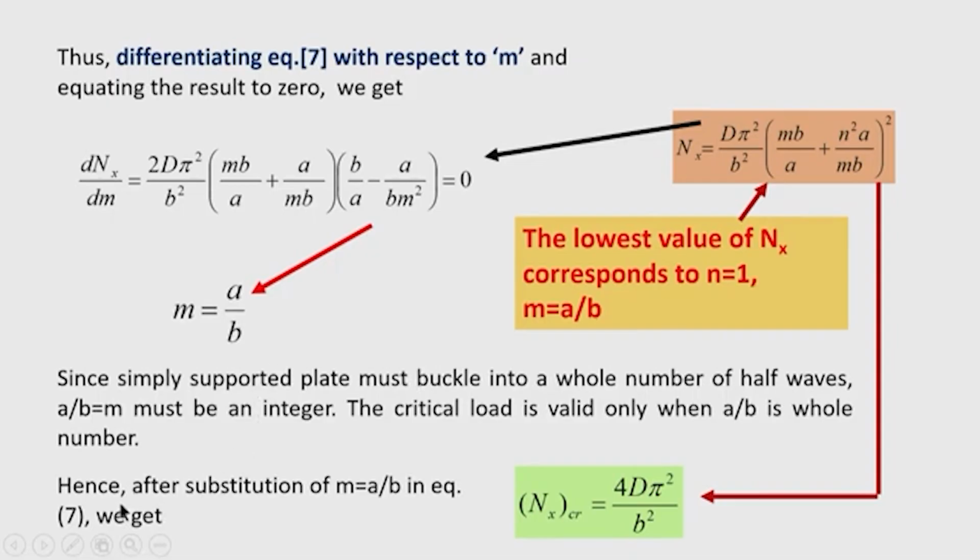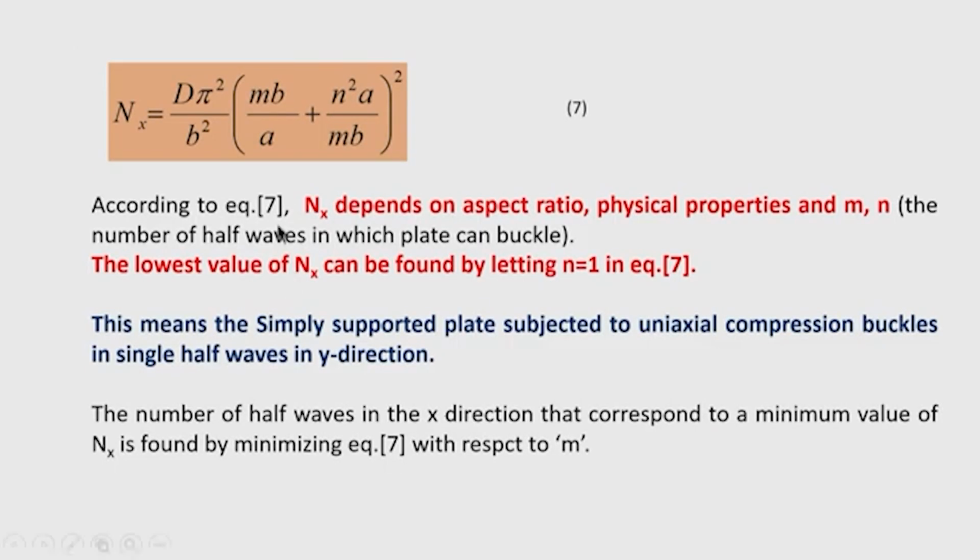So, what we get after substitution, m is equal to a by b. Suppose m is equal to a by b is the number of half waves required for buckling, then you can substitute m is equal to a by b here and n is equal to 1. If you substitute m is equal to a by b, this term is 1, and if you again substitute m is equal to a by b, this is also 1, of course, n is 1.